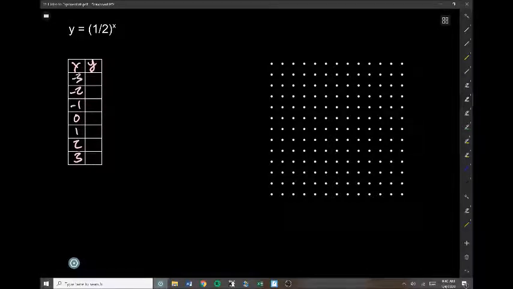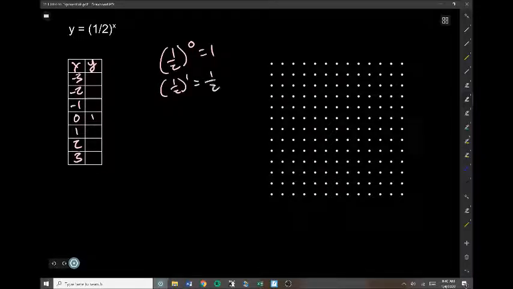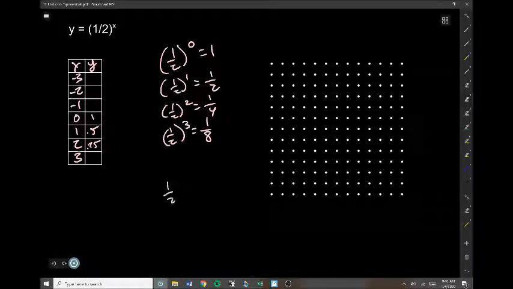And I'll start with 0. 1/2 to the 0 is still just 1. 1/2 to the first is a half. 1/2 to the second is a quarter. And 1/2 to the third is an eighth. 1/2 times 1/2 times 1/2 is an eighth.